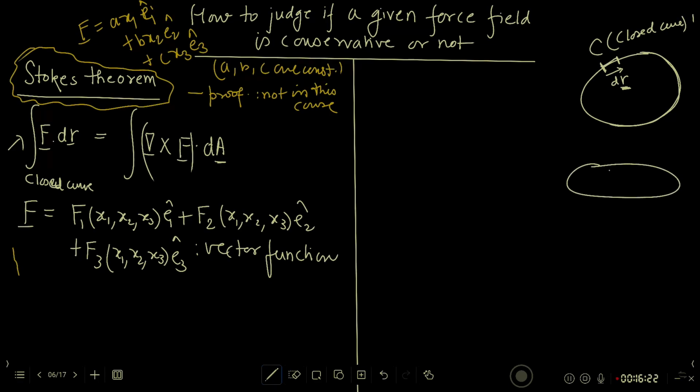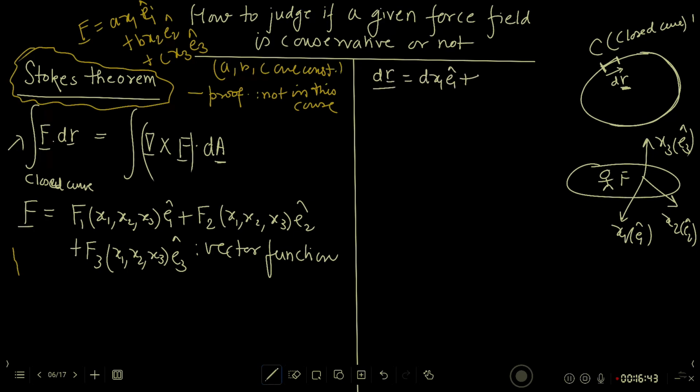Say I have a coordinate system fixed here. dr can be written like dx1, and F is like this.